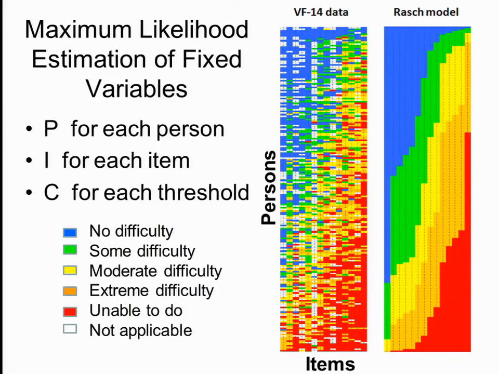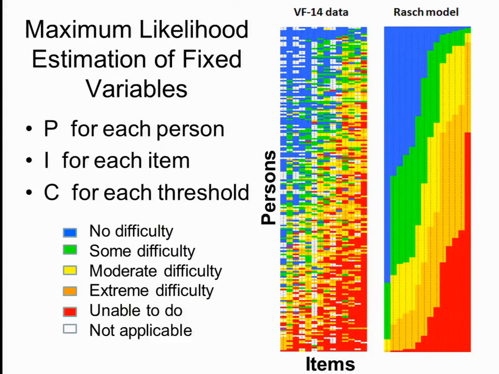Okay. What these measurement models do, once you make some assumption about the error, is use maximum likelihood estimation techniques to estimate a person measure for each person, an item measure for each item, and a category threshold for each of these response categories in order to produce a Guttman scale, the most likely Guttman scale.